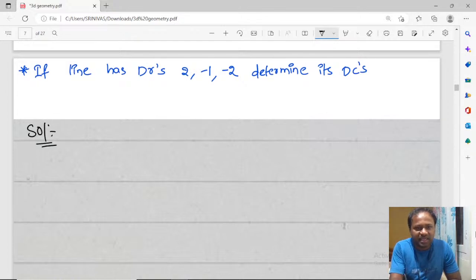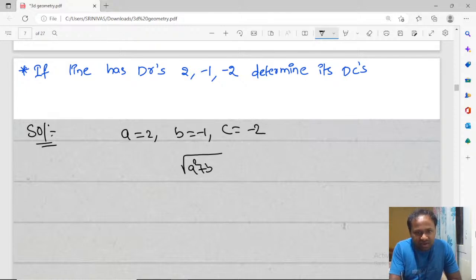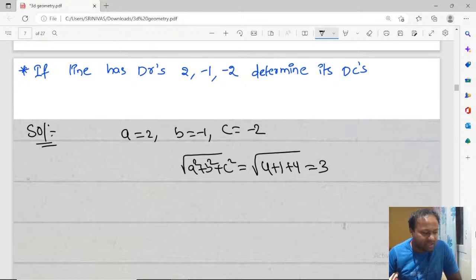How to find DRs means A is equal to 2, B is equal to -1, C is equal to -2. Then under root of A square plus B square plus C square is equal to root 4 plus 1 plus 4, that is nothing but 3. Root 9 value is 3. Okay.